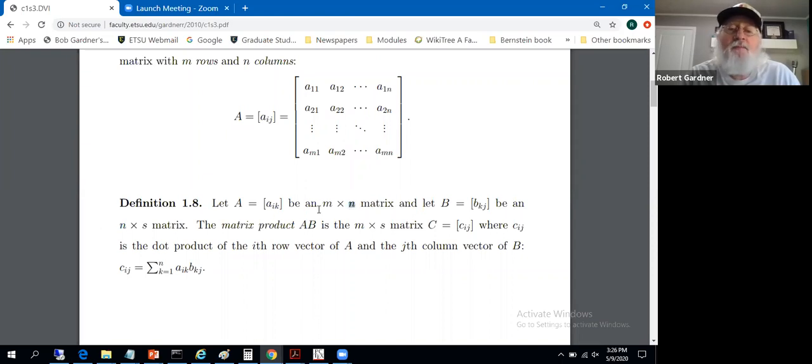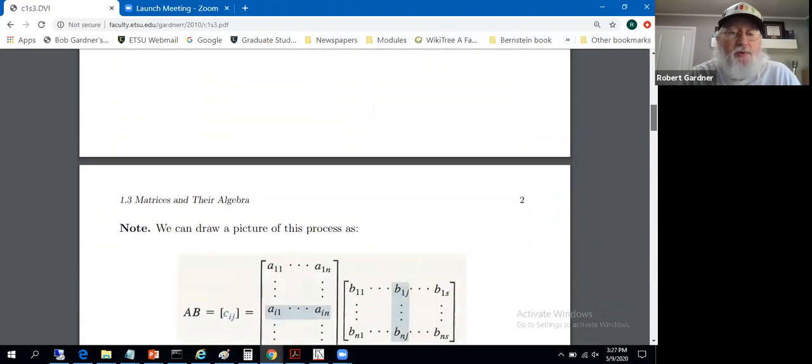Those are the same, so the dot product exists. I can't take a dot product of a vector from R3 with a vector from R5. I run out of entries in the first one before I run out of entries in the second one. I have to have those dimensions the same. That's the reason you need the n in the second dimension of A to be the same as the n in the first dimension of B. It's a little clunky, but we'll do so many of these that it'll become second nature to you.